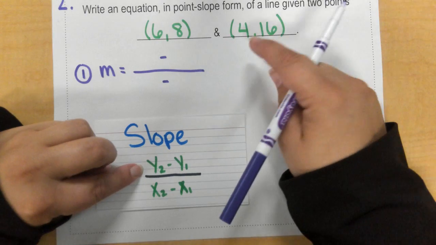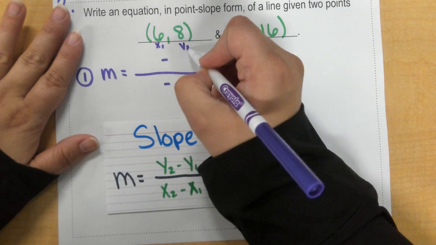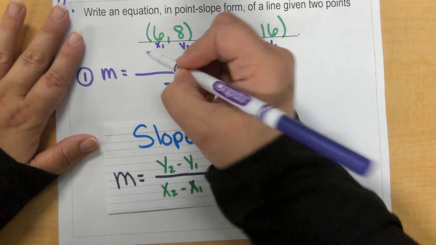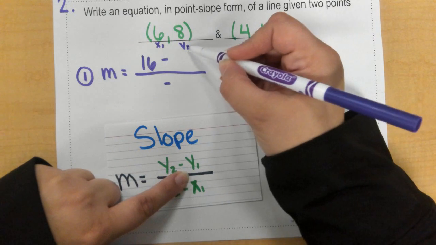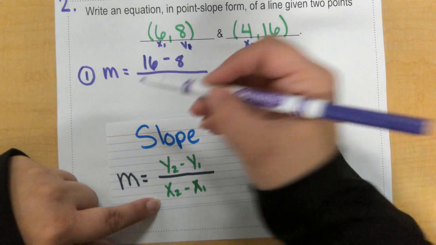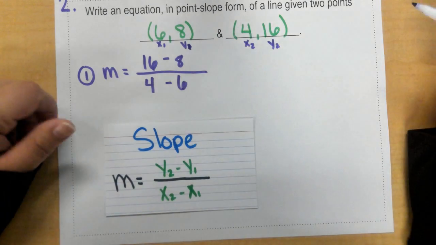So for y2, let's label these. That would be 16. Then, for y1, we have 8. For x2, we have 4. And for x1, we have 6.